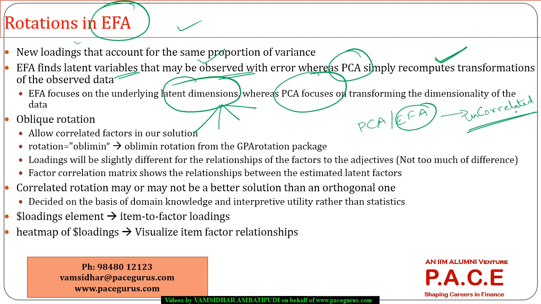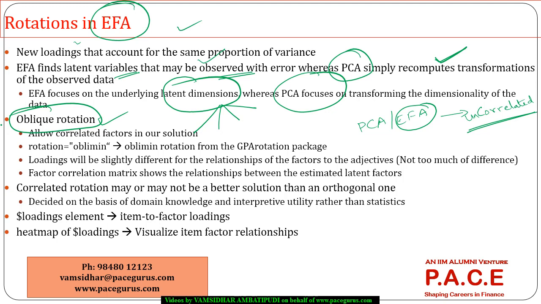There are different kinds of rotations. In some rotations the correlations will be zero, whereas in others the correlations may not be zero at all. One such rotation is the oblique rotation, where after the rotation the solution is not uncorrelated. We will definitely find correlation between the variables here, which we could not find in principal component analysis.